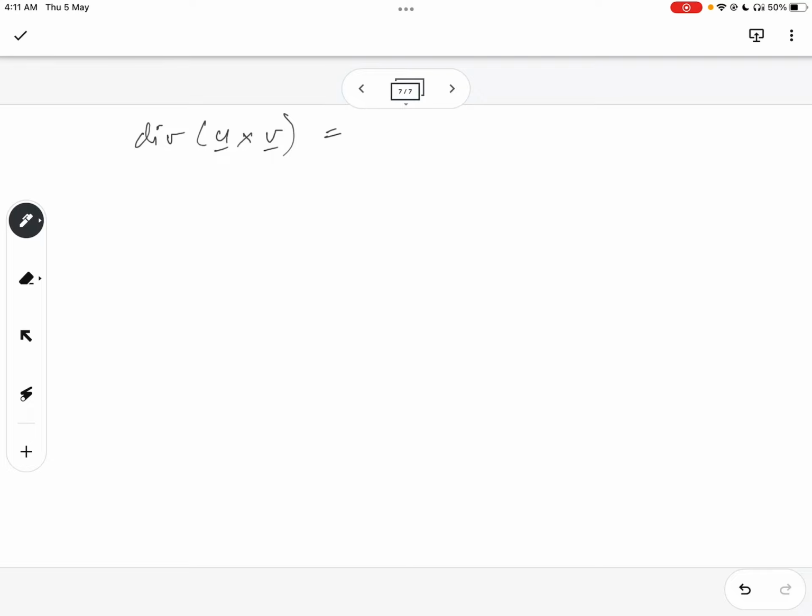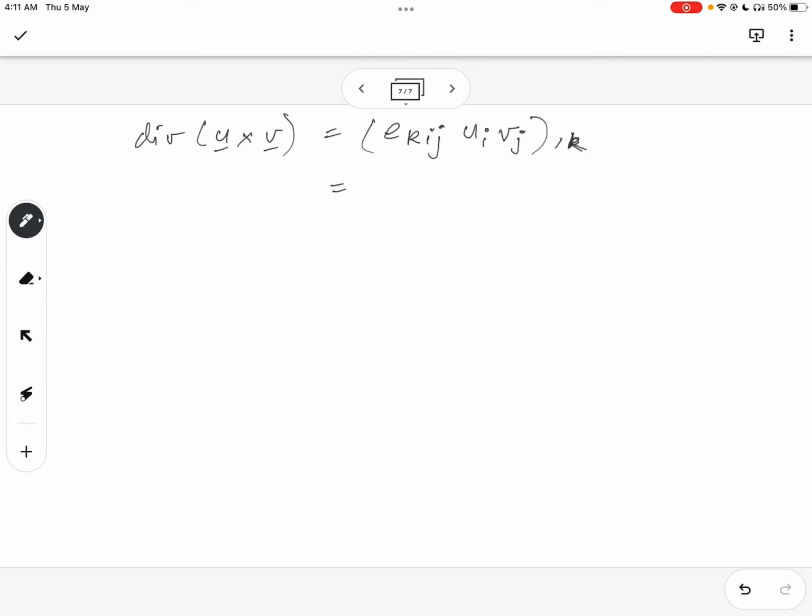This can be written as U cross V is e_kij U_i V_j e_k, and divergence of this would be differentiation with respect to x_k.